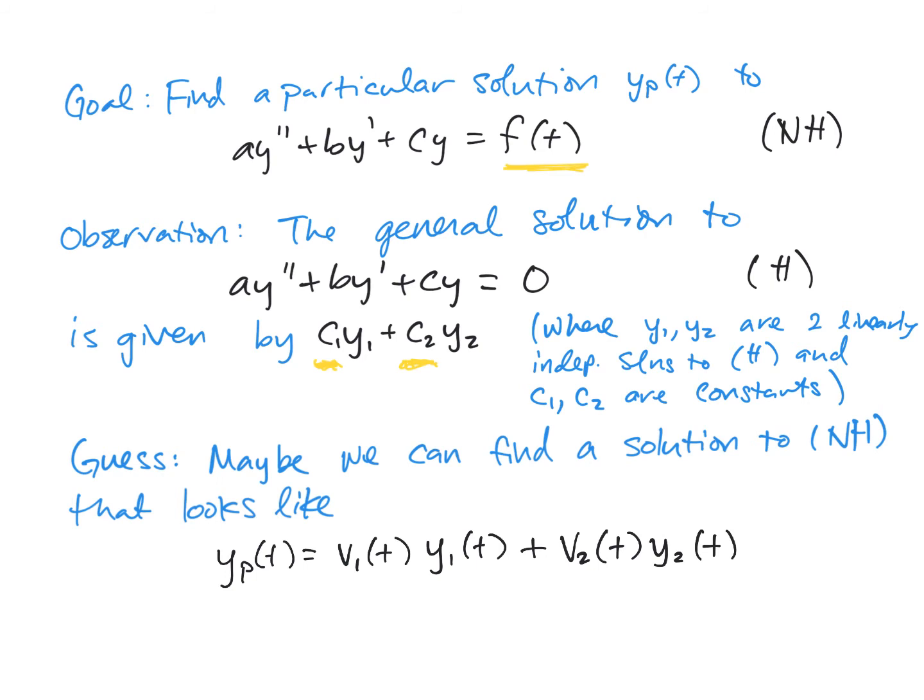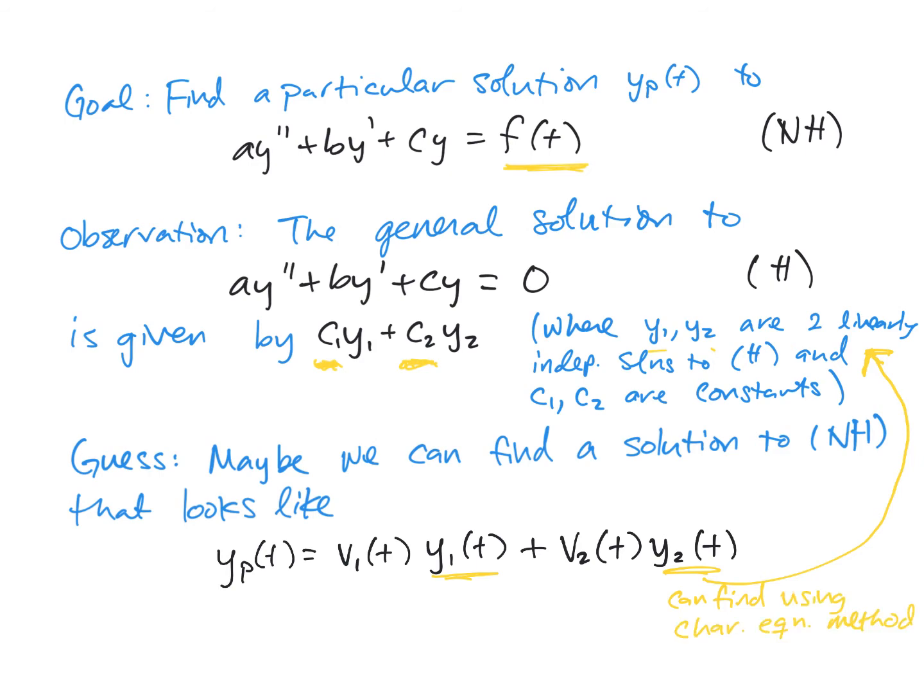And these y's are also linearly independent solutions. They're the same y1 and y2 from up here. They're solutions to H. So these are the things that we can find using the characteristic equation method.